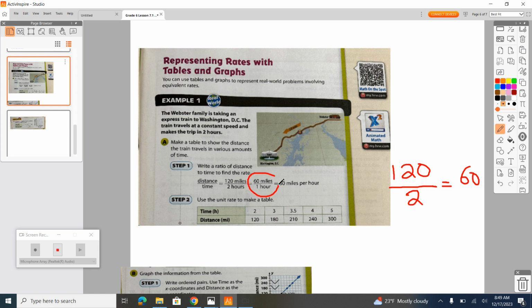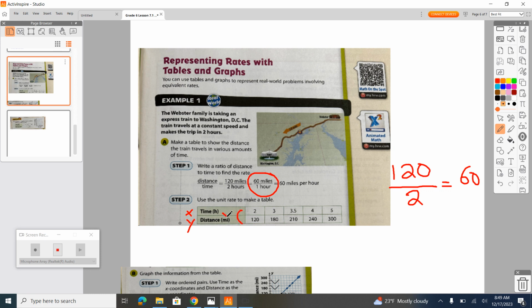Now, they've gone back and they've changed the distance, the time is our x value, and the distance is our y value. So 2 hours, 120 miles. If they traveled somewhere for 3 hours at this same rate, they would go 180 miles. They're getting that because each time, you can look at this 2 ways.